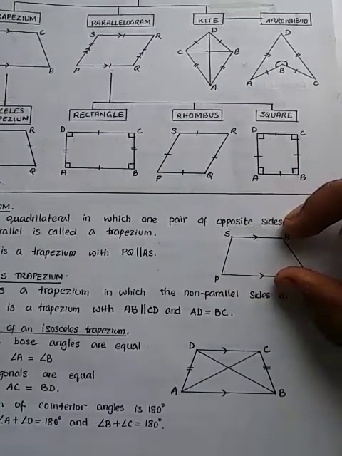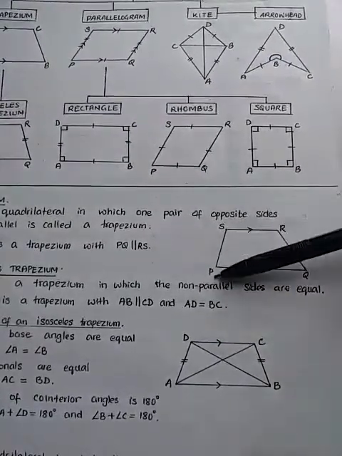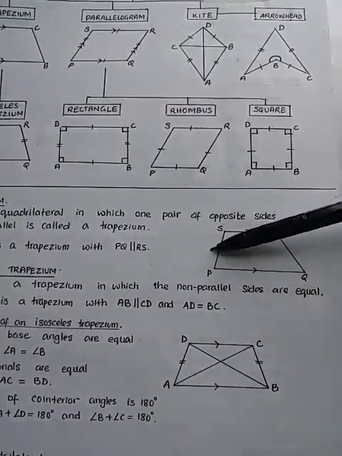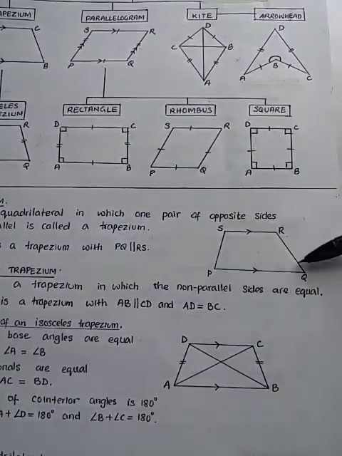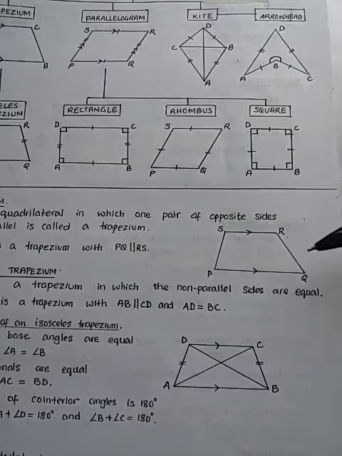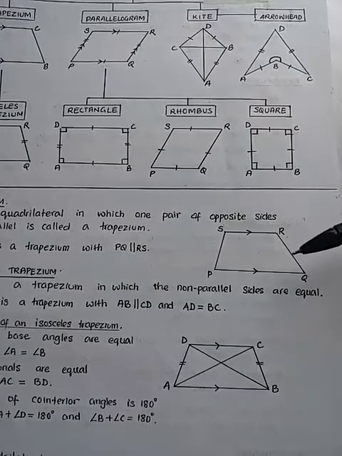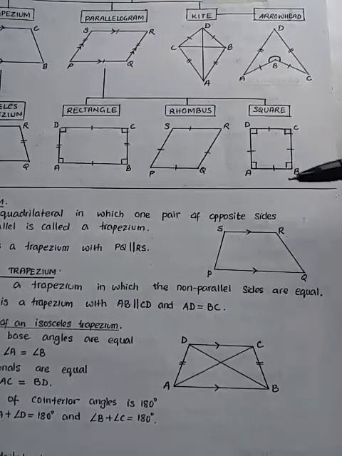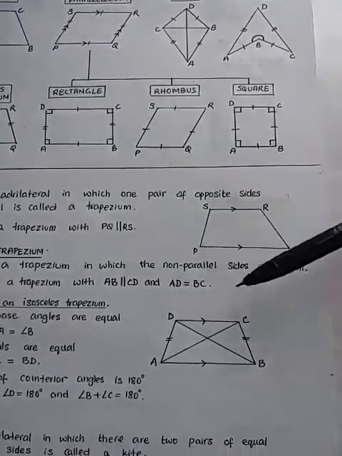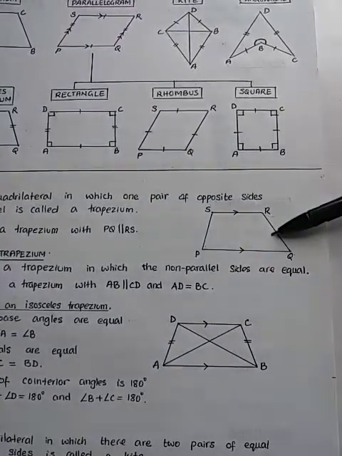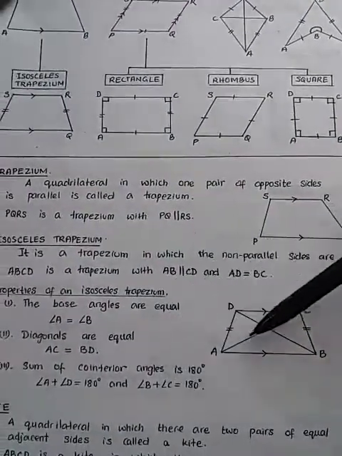Okay, and then here PS and QR are the two non-parallel sides, and if the two non-parallel sides are equal, we get an isosceles trapezium. In a triangle also, if two sides are equal, the triangle is an isosceles triangle. Likewise here also, if the two non-parallel sides are equal, then we get an isosceles trapezium.